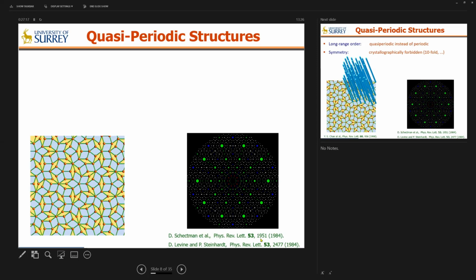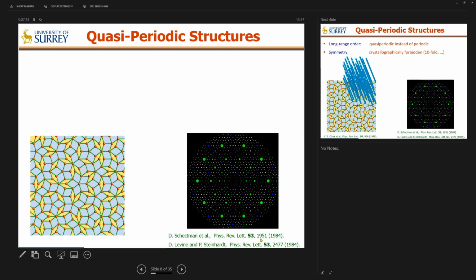They observed the presence of these 10-fold symmetric peaks in some metallic compounds, and this was not only a mystery, but it was completely forbidden by usual crystallographic theory. Well, Shechtman and later Steinhardt introduced this concept of quasi-crystals, which can explain the presence of these 10-fold symmetric peaks.